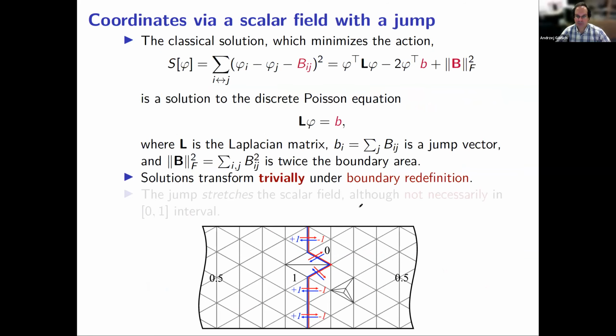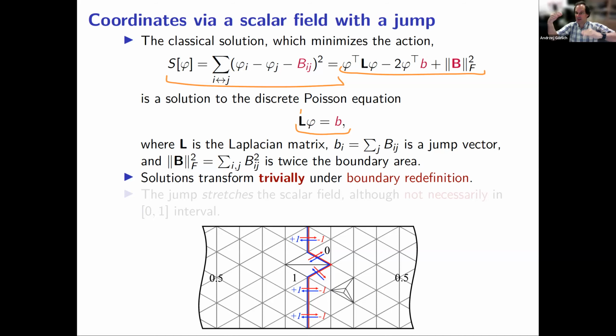And so we start with this classical, with this discrete action, and we want to find a classical solution which minimizes this action. And it's given in terms of the Laplacian matrix for our triangulation. And it's minimized by a solution to the Poisson equation, where L is the Laplacian matrix for our triangulation.